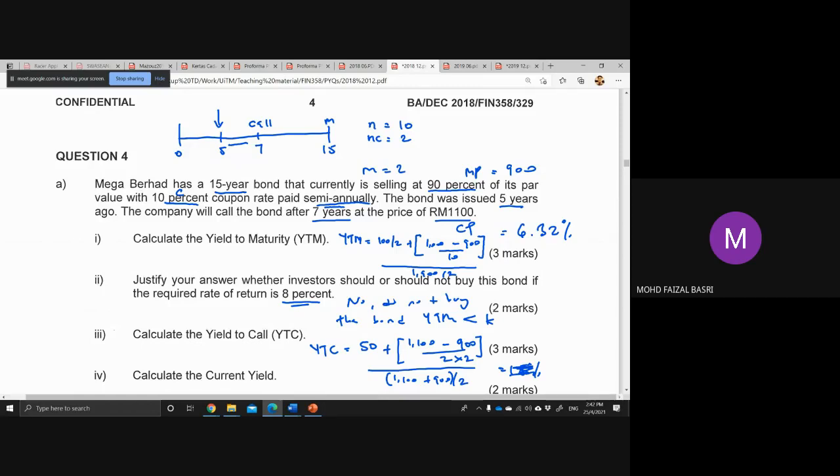Okay, let me double check. Sir, yes. YTM also needs to be multiplied by 2, right? How? YTM. Here, what did we put? Did we multiply already? Oh, this should also be multiplied by 2, actually. So this is supposed to be times 2 as well. Sorry about that. So we have to recalculate this. This is not the answer then.